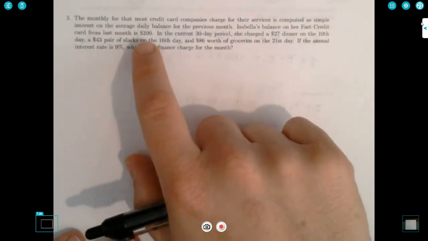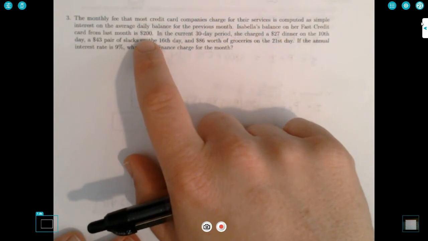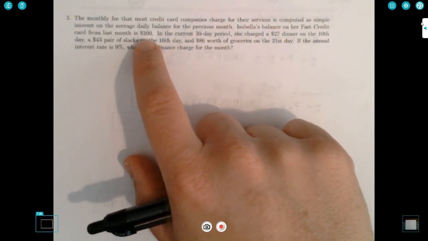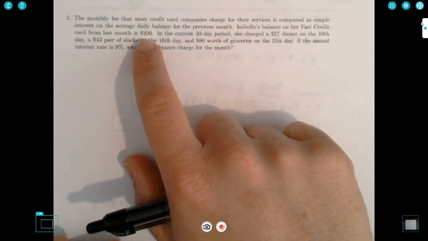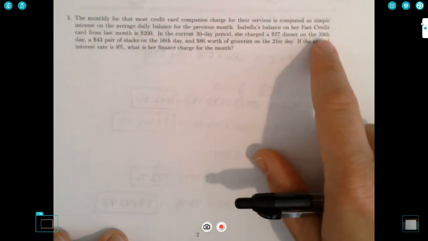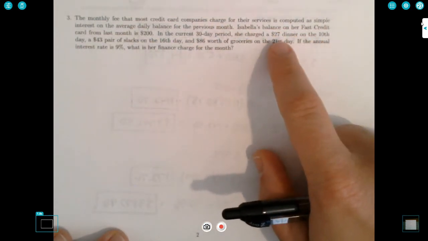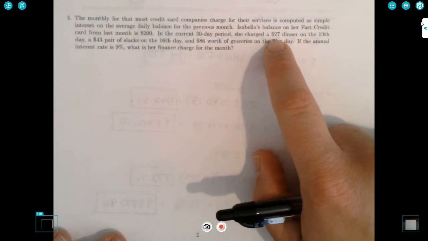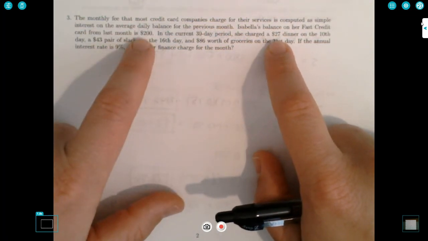Well, what's her average daily balance? Since she had a balance of $200 coming into the month, her daily balance on day 1 was $200, and on day 2 was $200, and day 3 was $200, and so forth, until she gets to day 10. When she gets to day 10, she charges a $27 dinner to her card. So her balance was already $200.